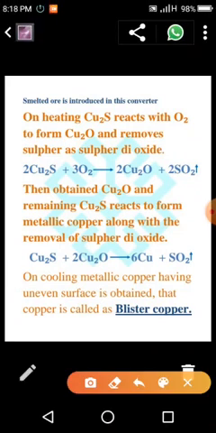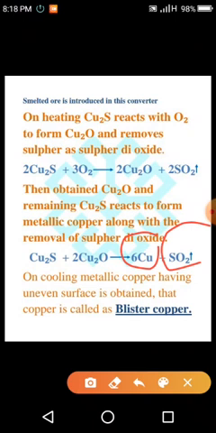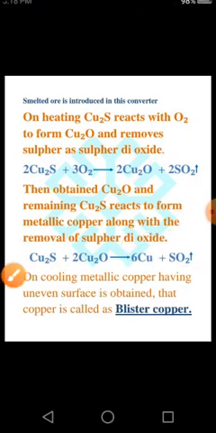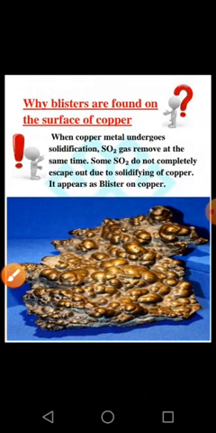When copper has been formed, sulfur dioxide gas has also formed, which is being removed from the reaction. When sulfur dioxide gas is removed from the reaction, the solidifying of copper is disturbed. Hence, sulfur dioxide gas does not completely escape and forms blisters on the surface. You can see the reason.